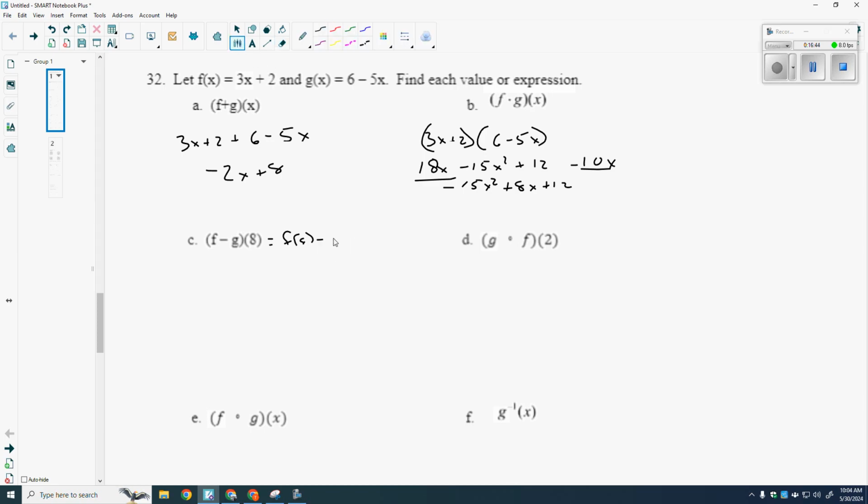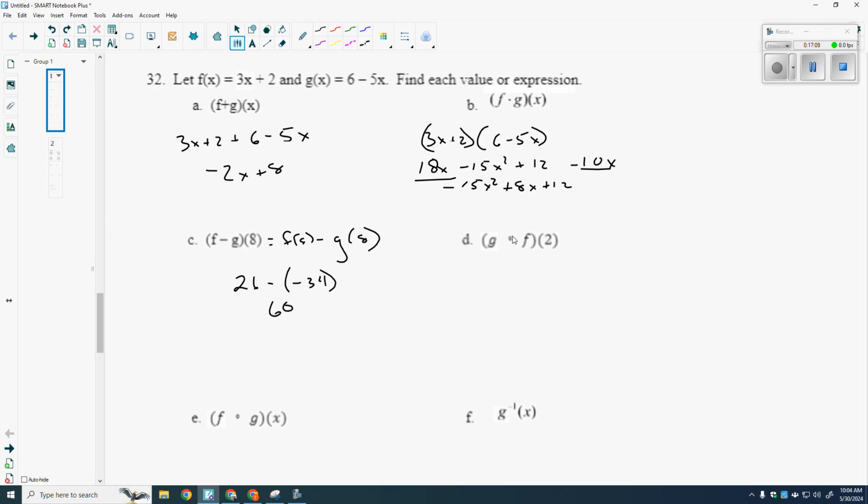Hopefully some of you saw my almost mistake. So I have 26 minus, and the answer to g of 8 is a negative 34, 6 minus 40. So it's f of 8 minus a minus 34, which becomes positive, and when we add those together, we get 60.